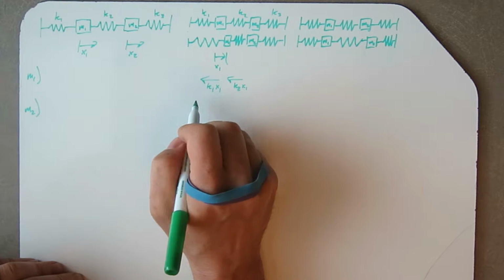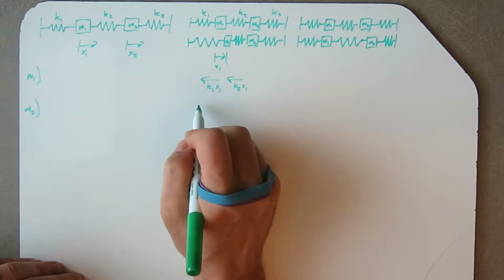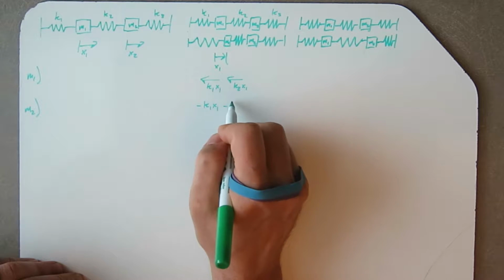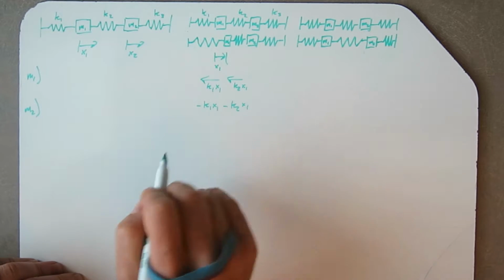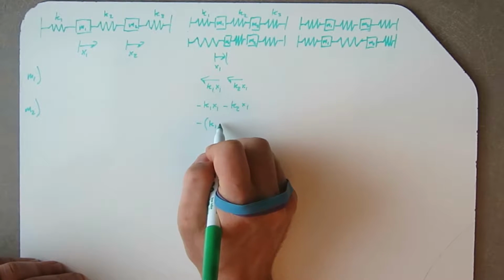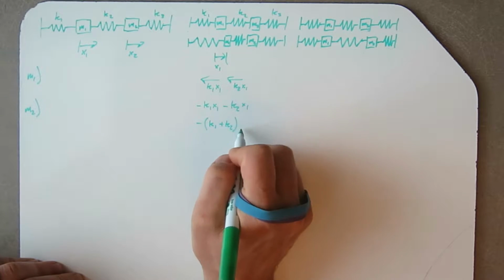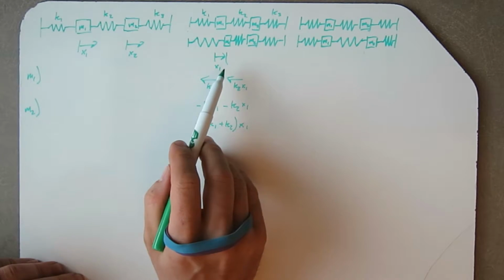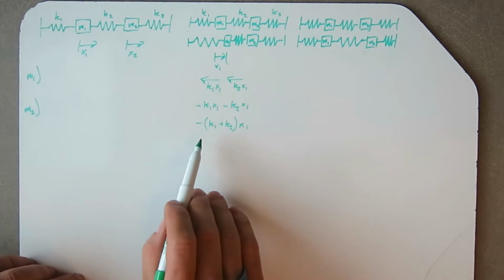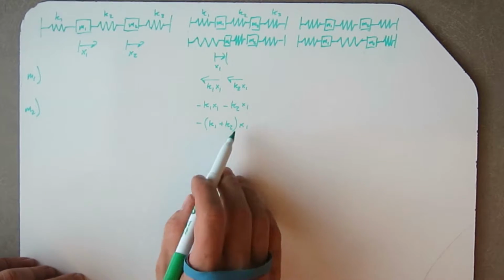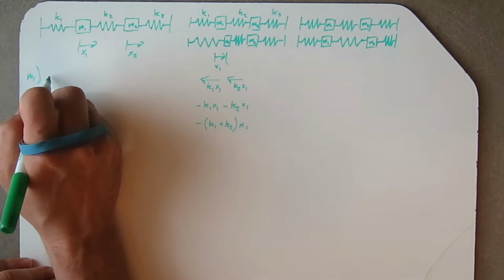So this equates to forces on M1, negative K1 x1 minus K2 x1. And I'm going to write this like this, K1 plus K2 times x1. So that's considering a positive x1 displacement. These are the forces M1 feels. And then I'm going to put that into our differential equation.